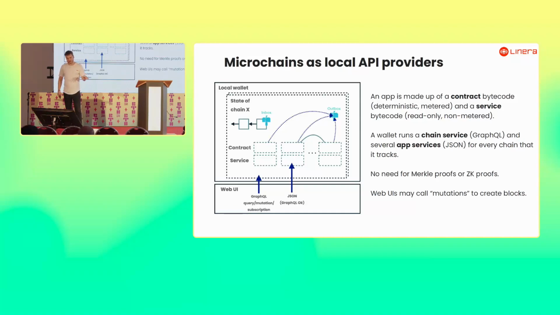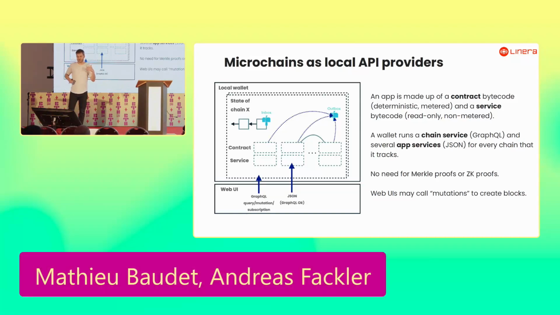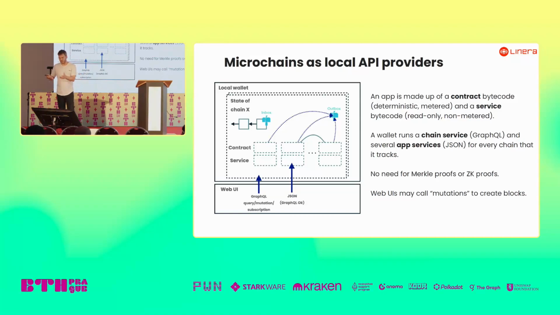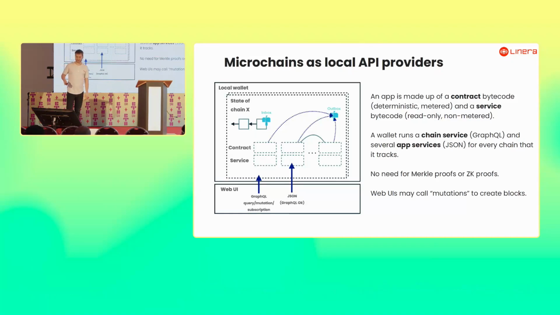So now, when you're in a web UI, what you see is that you have this magical local data provider you can send GraphQL queries to query the state of the chain or to query the state of an application. And then the application will execute the Wasm code created by the authors of the application to answer your query. So the nice thing about it is that there's no need for Merkle proofs or zero-knowledge proofs. It's very low cost, and it's run on the client. So there's also no need to pay for any fees. Just the web browser of the client is doing the work.